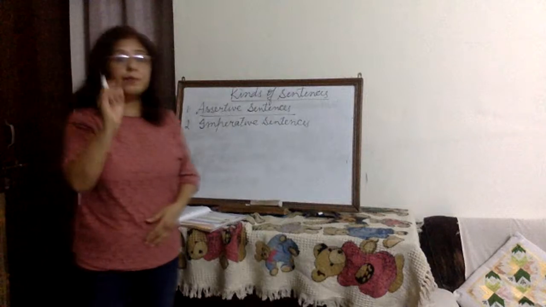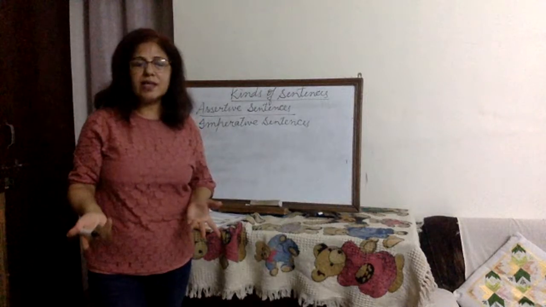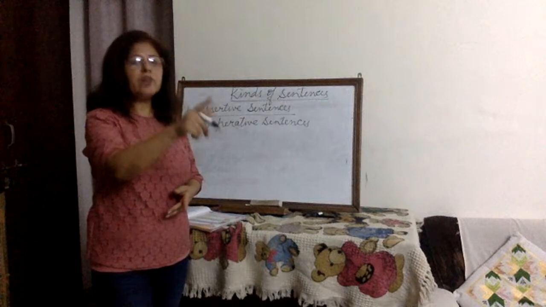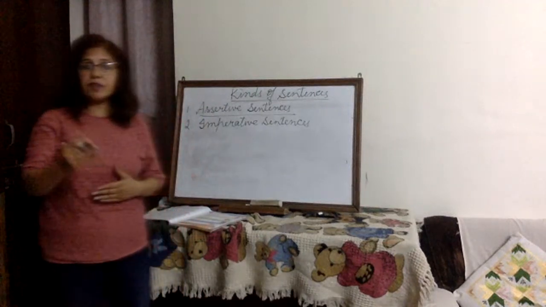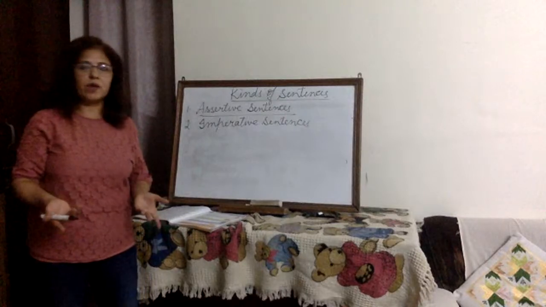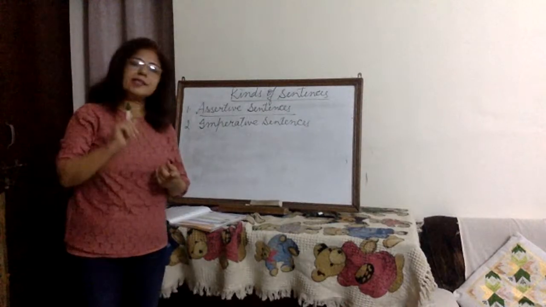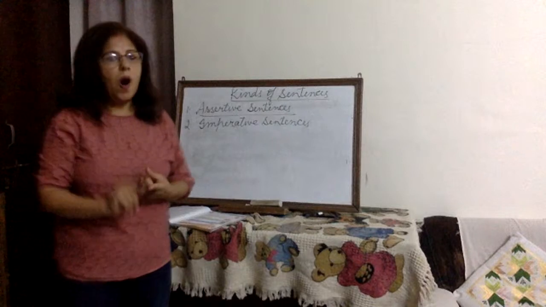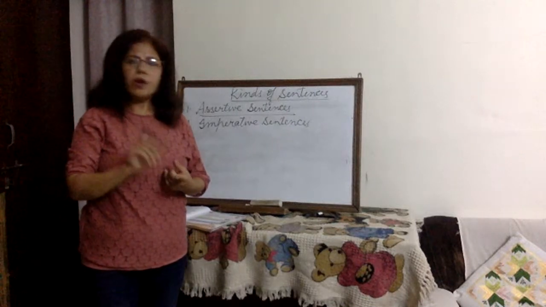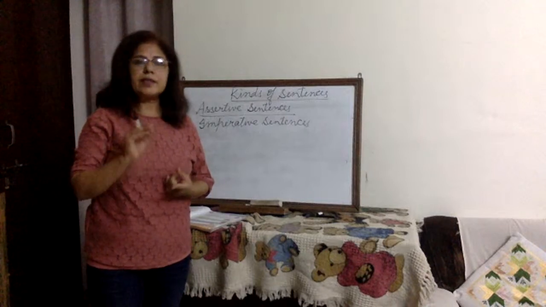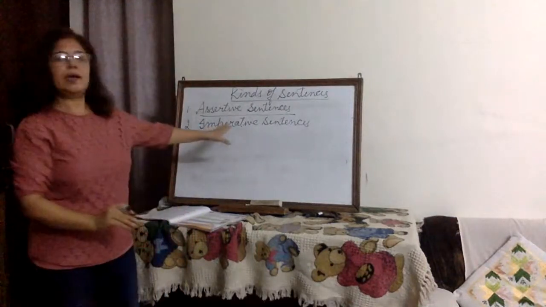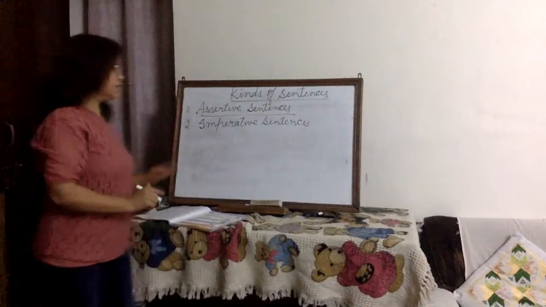When we add please, it becomes a request. And when we say switch off the fan, it becomes a command. Order or command is the same thing. When we express any order or command, or any request, then it is called an imperative sentence.